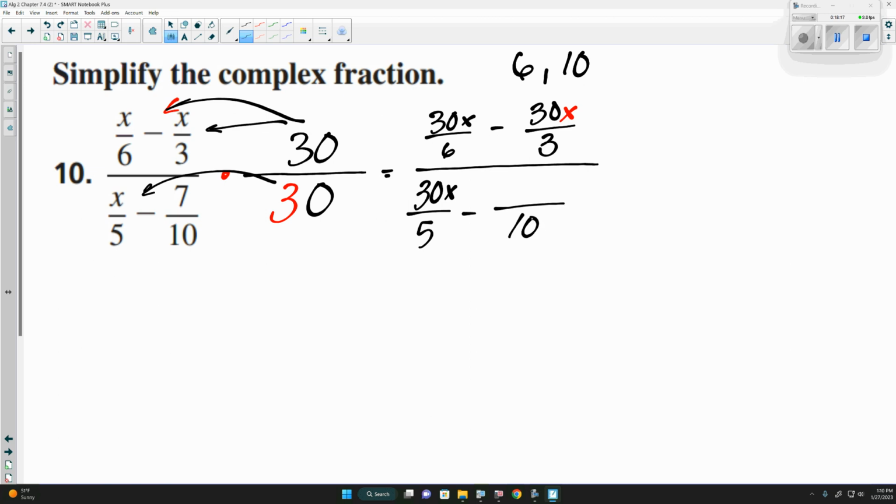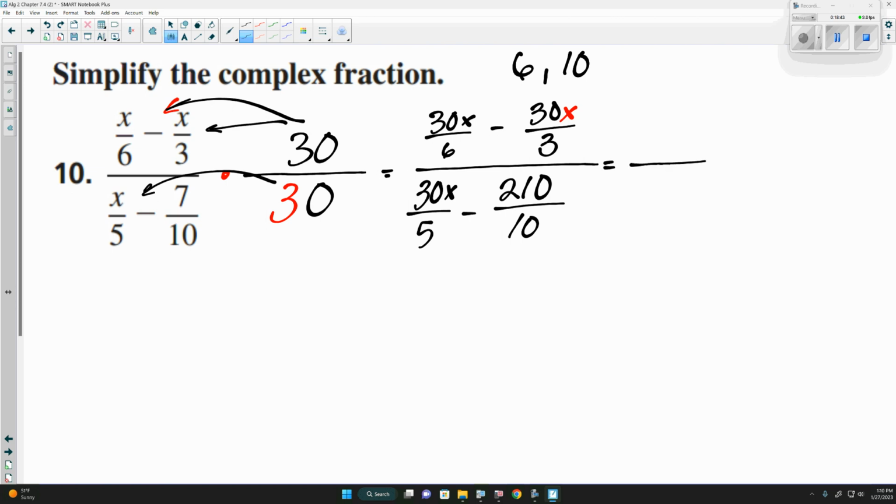We'll do the same thing with the denominators, which will give us 30x over 5 minus 30 times 7 is? What's 3 times 7? 21, 210. Yep. Yeah, especially with 30s, any 30, 20, any of those, 10s, 100s, just take the first number and multiply it by whatever it is, add the zeros.